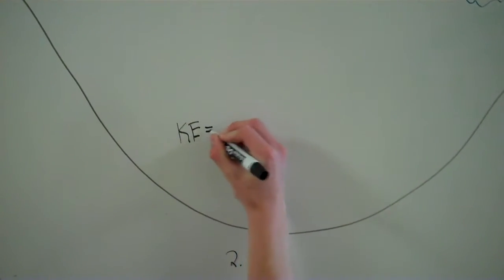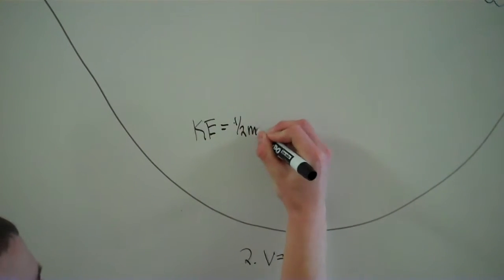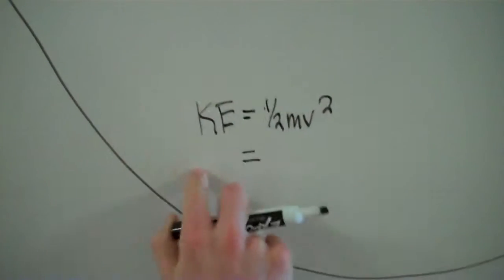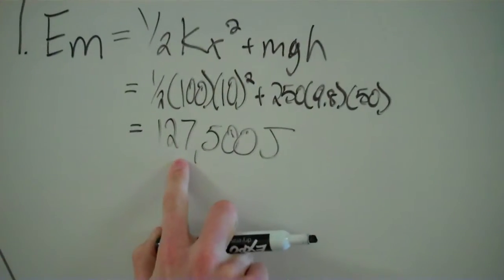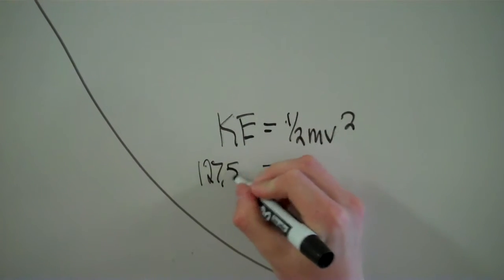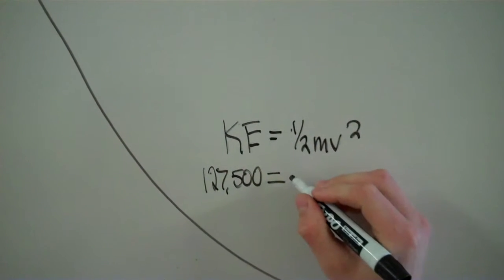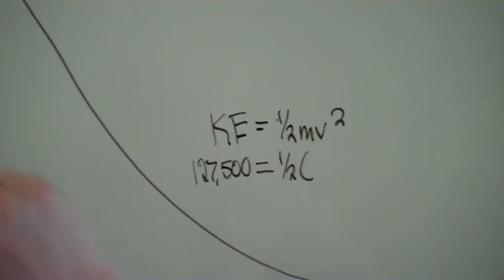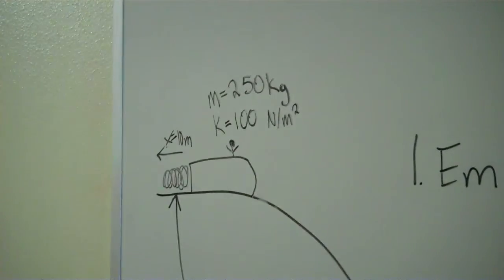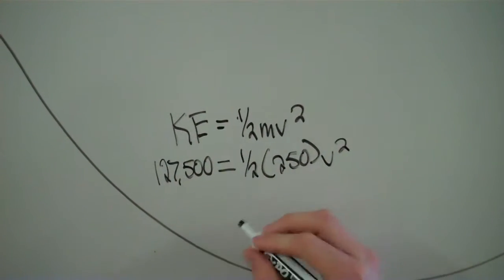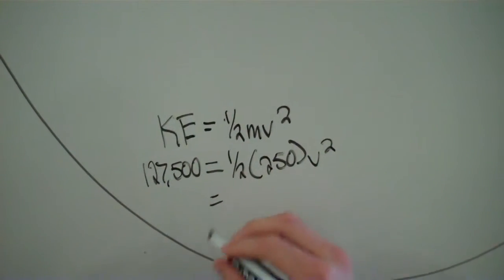KE equals 1/2 mv squared. Just going to plug in these numbers. So our energy is 127,500, so we plug that in for kinetic energy, because energy is conserved. So we plug in the 1/2 like usual. Your mass is 250, and we're solving for velocity.